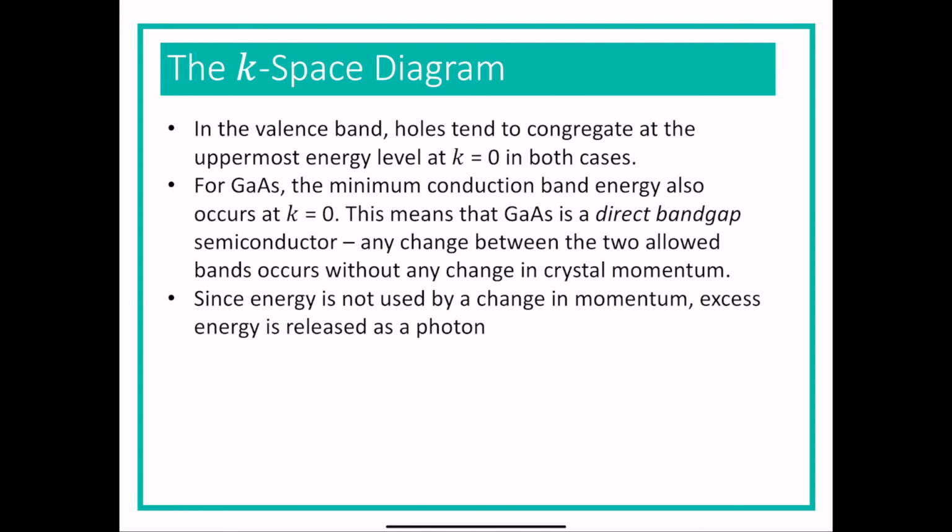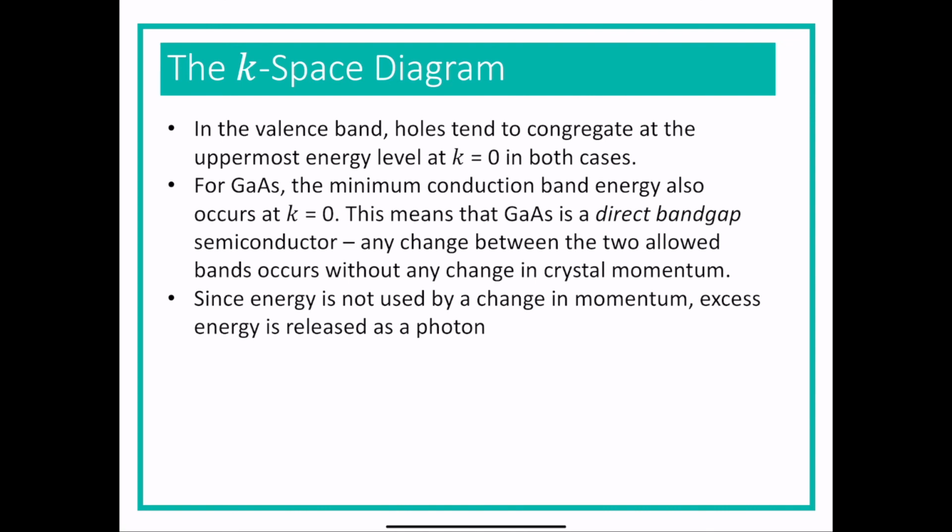So what do you think we use gallium arsenide for? LEDs. It's one of those types of semiconductors that can be used for LEDs because they are direct bandgap semiconductors and have extra energy when electrons go from the valence band to the conduction band or vice versa, and they release a photon.